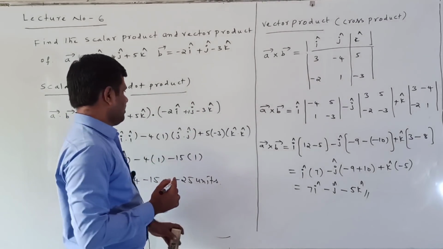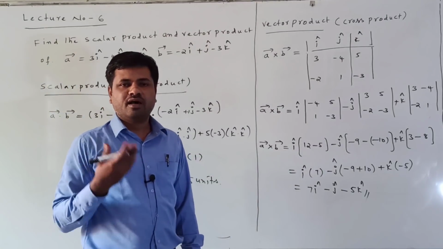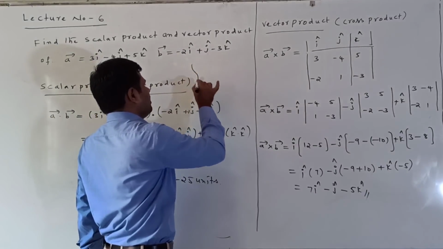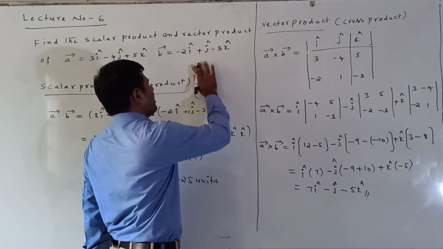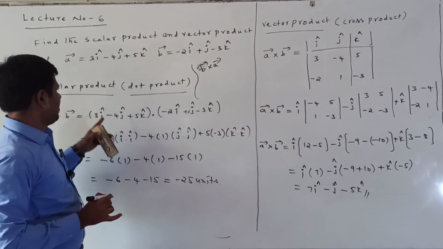You check it here: we know already that the cross product or vector product does not follow the commutative law. Suppose you do b bar cross a bar, while I am finding a bar cross b bar.